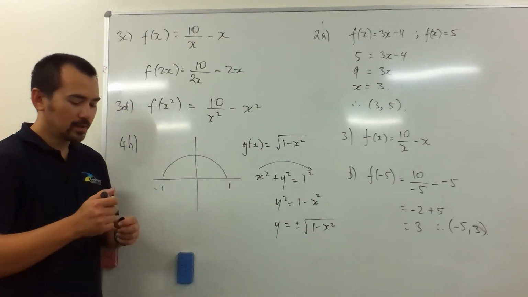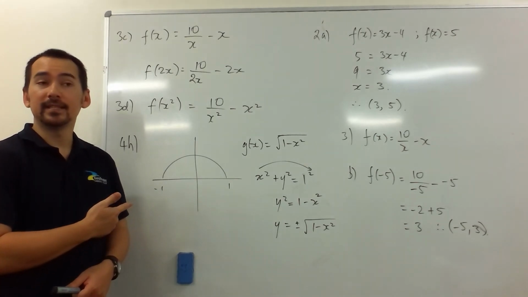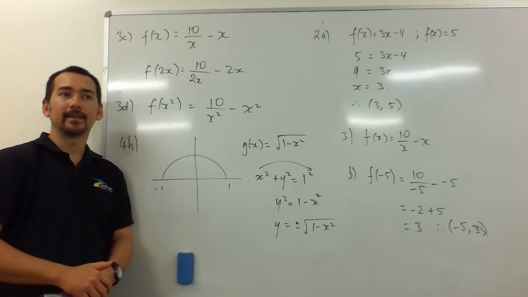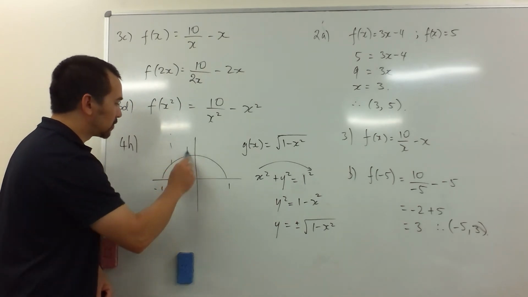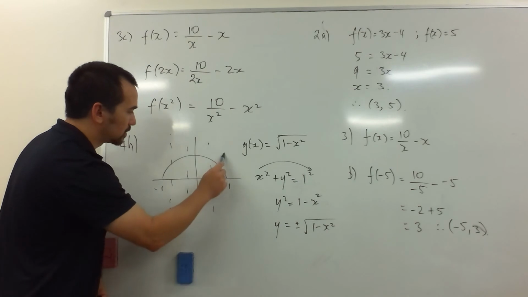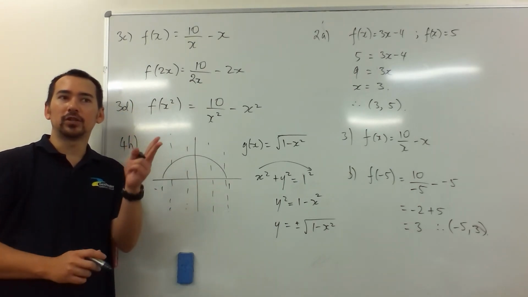Okay. Well, is it a function to begin with? It is a function. How do we know? Yeah, it passes the vertical line test. That's true. So crosses once, crosses once, crosses once, crosses once. It's a function. Now, if it's a function, there's two possible options.